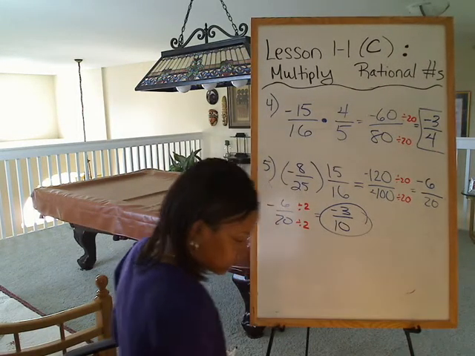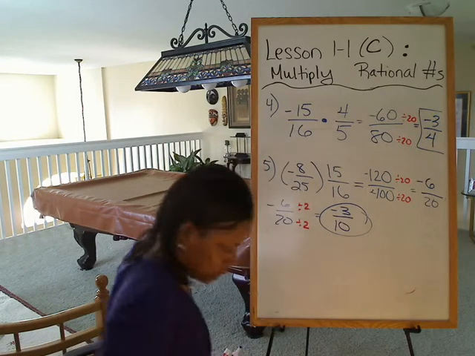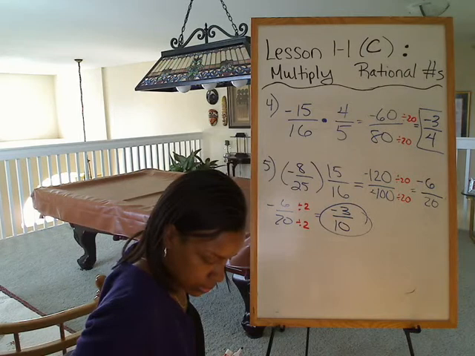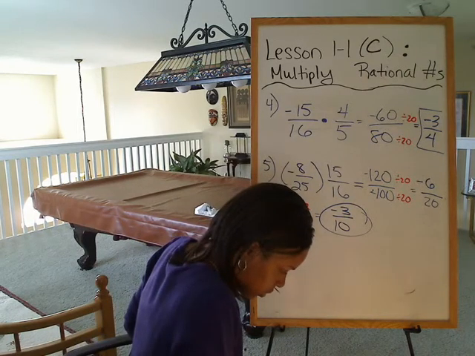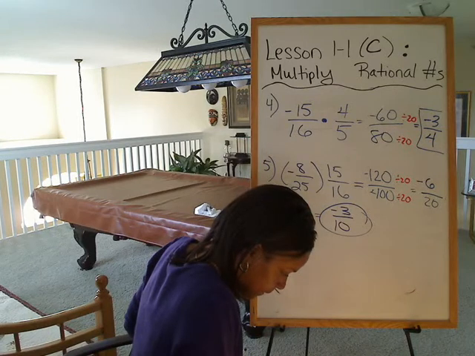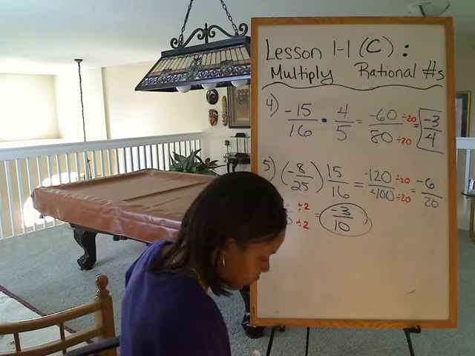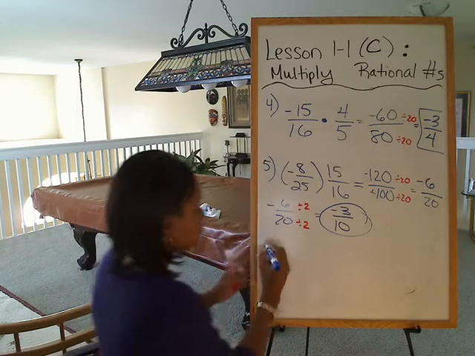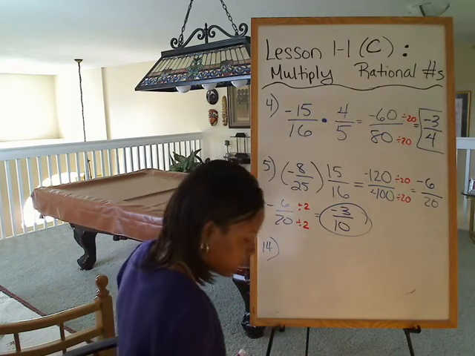Okay, the next question I'm going to do, let's see. I'm going to actually skip down to number 14. I want to get all of the regular fractions out of the way, then we'll go back and do the mixed numbers.